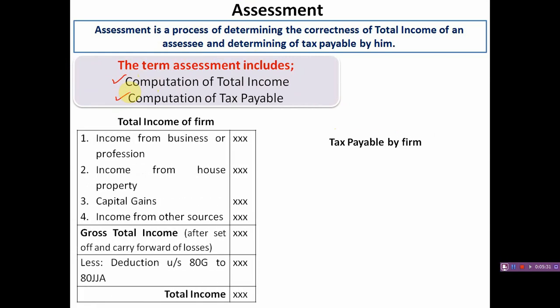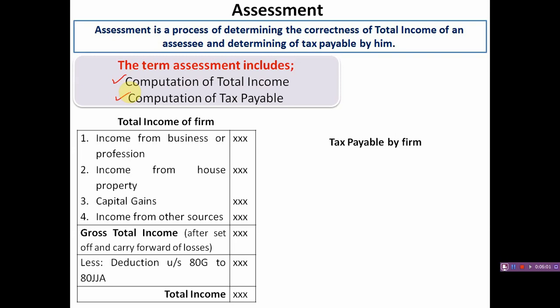Look at the first step, that is calculation of total income. As you know, there are 5 heads of income. The aggregate of 5 heads of income is called gross total income after set off and carry forward of losses. If we deduct the amount of deductions which are applicable to an assessee, then we will get the total income, that is the taxable income.